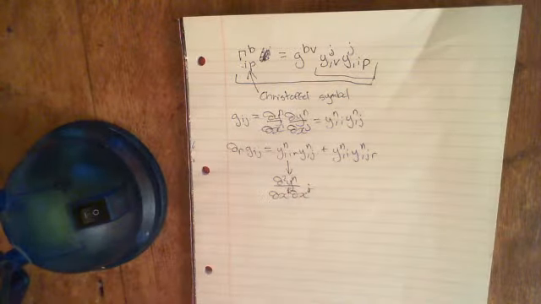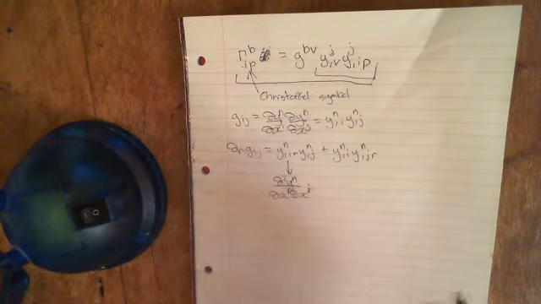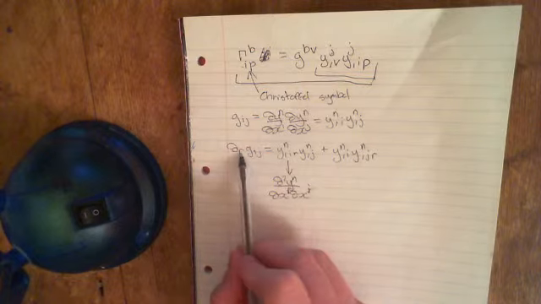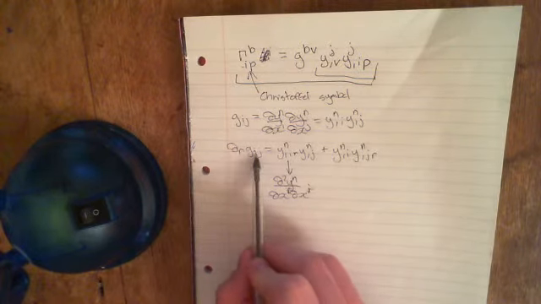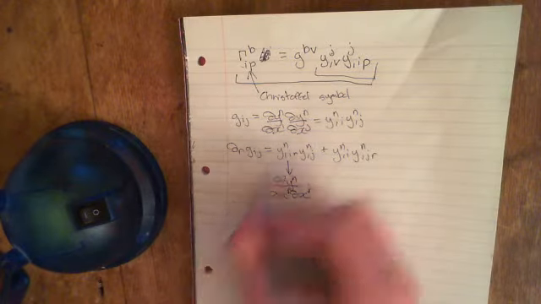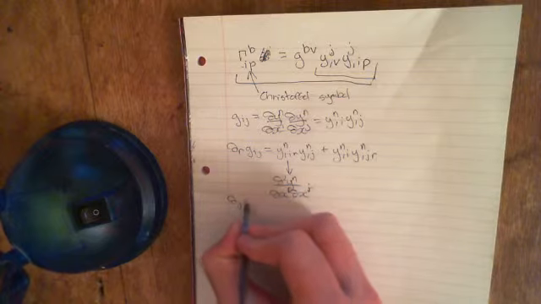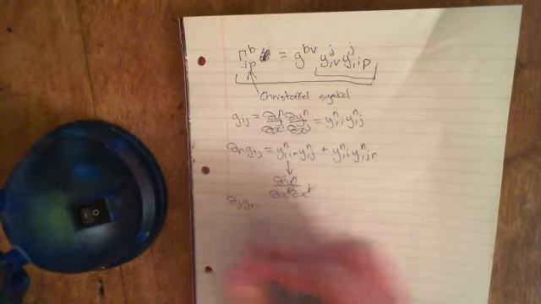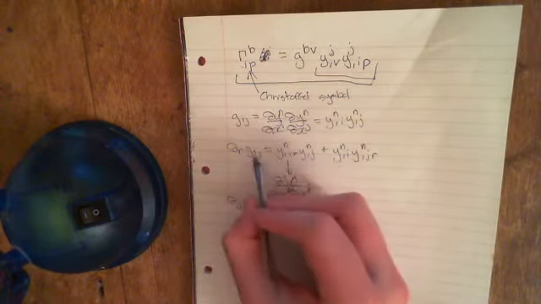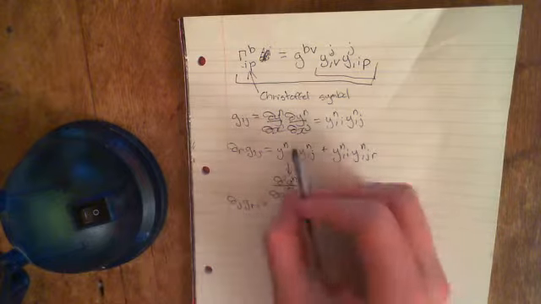Now what we're going to do is we're simply going to cycle these indices. You can't stop me from doing that. I'm just going to relabel r as j, I'm going to relabel i as r, and relabel j as i. You can't stop me from doing that. These are just indices, they're meaningless. So I'm going to write the derivative of g_jr with respect to x^i. So I'm going to cycle them. All we do is we turn i's into r's, we turn j's into i's, and we turn r's into j's.